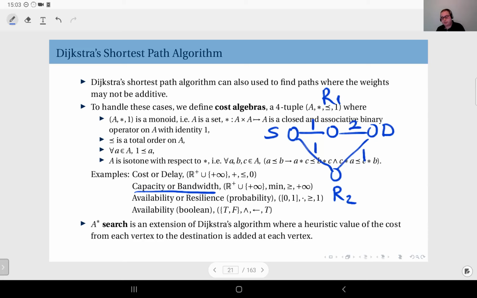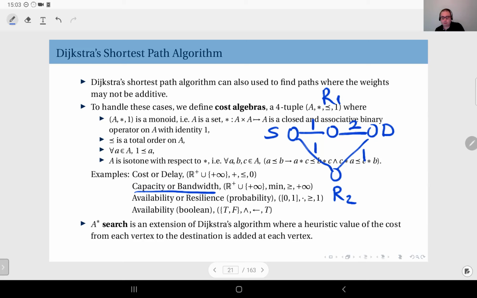However, suppose that these weights do not represent the costs, but the capacity of the links. In this case, you would like to go through R1, because if you go through R2, the capacity you will be able to use is 1. But if you go through R1, there's a capacity of 2 here.